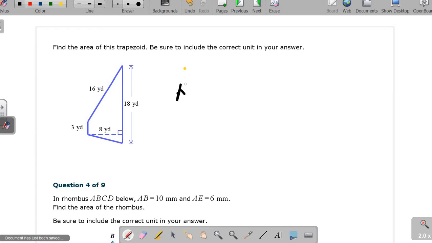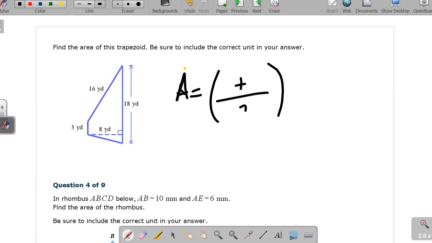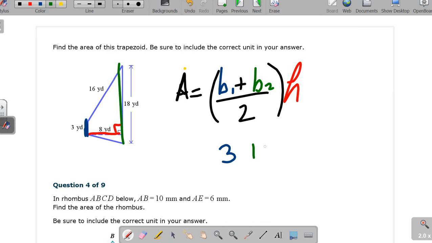Area of a trapezoid. You average the bases: one base plus the other base over 2, times the height. Height always creates a right angle. The bases are always the parallel sides. So in this diagram, height does not mean up and down. Our height here would be 8. One base is 3. The other base is 18.